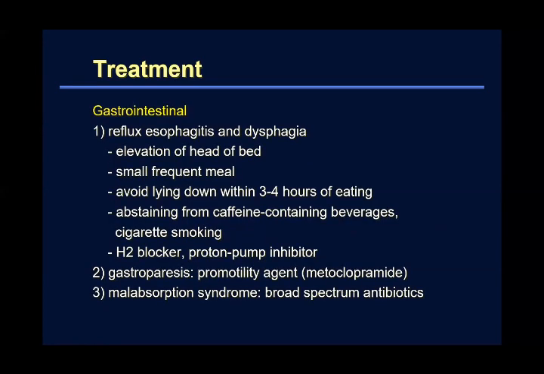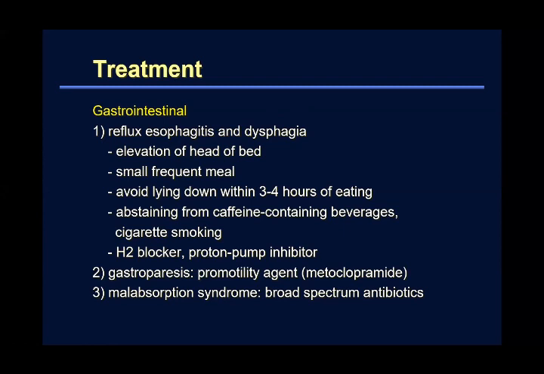Gastrointestinal tract: I told you these are the patients who have reduced motility of the esophagus, stomach, small intestine, and large intestine. So for the motility disorder, elevate the head of the bed, because these patients have a high risk of reflux esophagitis and symptoms of GERD. If you elevate the head side, that will prevent reflux from the stomach to the esophagus, and the burning and reflux esophagitis will be less, especially with night meals.